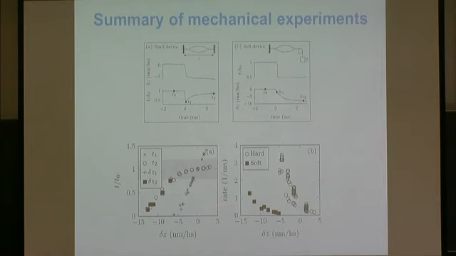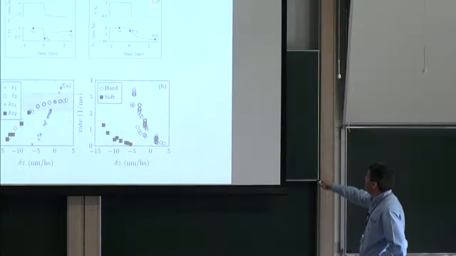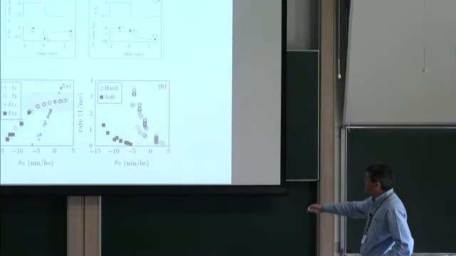Now, this is a collection of what is observed, this force that is recovered as a function of, for instance, this stretch. And in fact, the data on the final states achieved in soft and hard device basically agree.